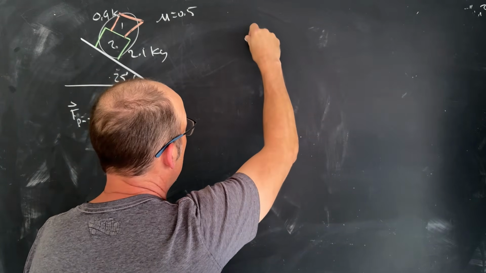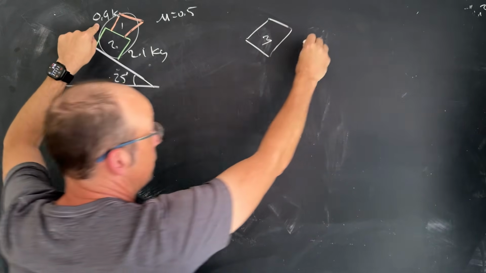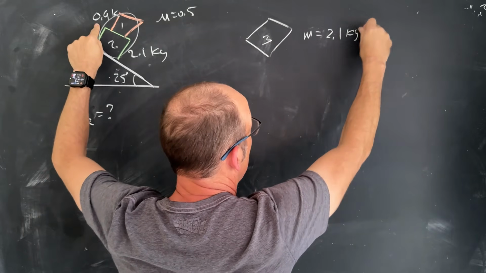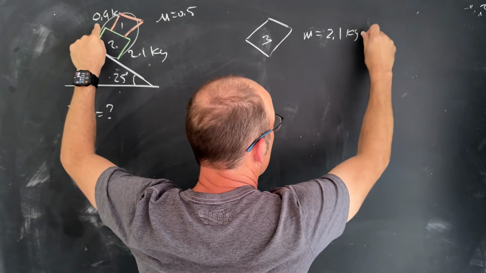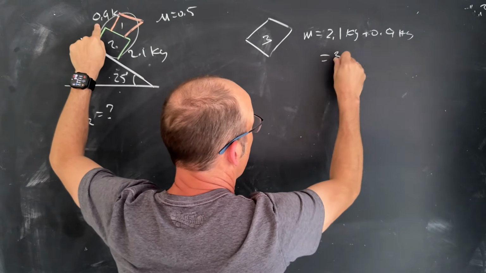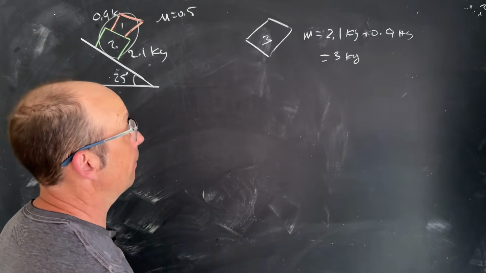We know the mass is the sum of the masses, so 2.1 kilograms plus 0.9 kilograms. That's 3 kilograms. See, I didn't even need a calculator to do that.